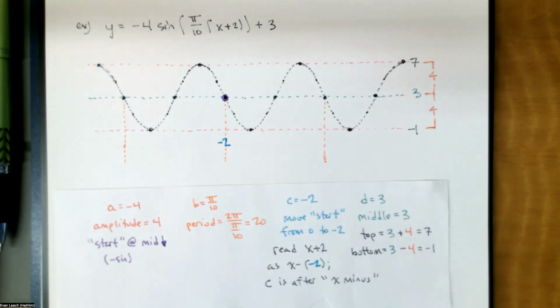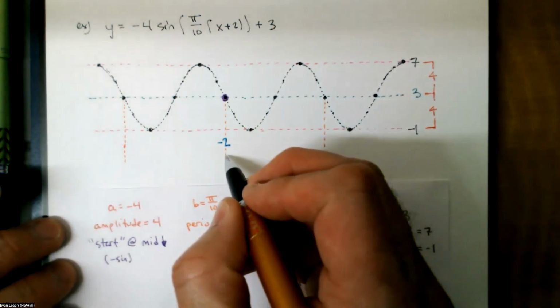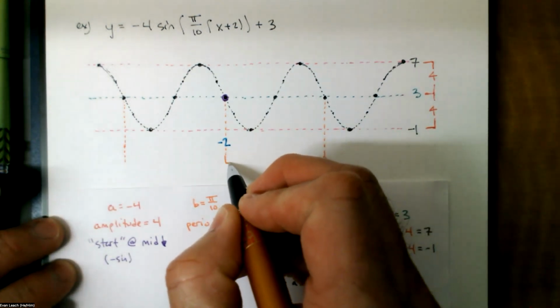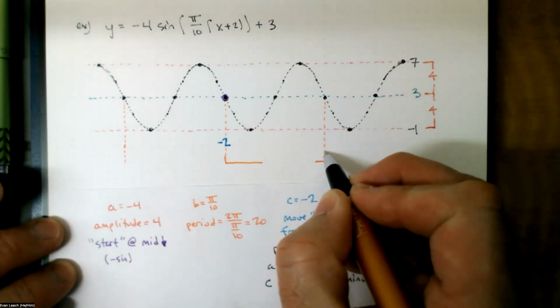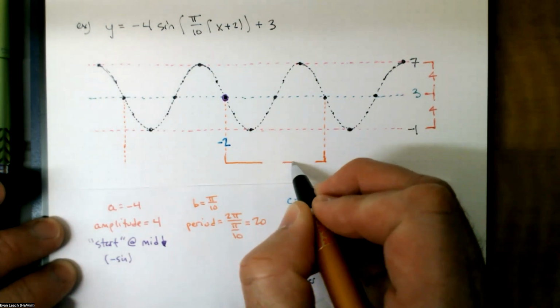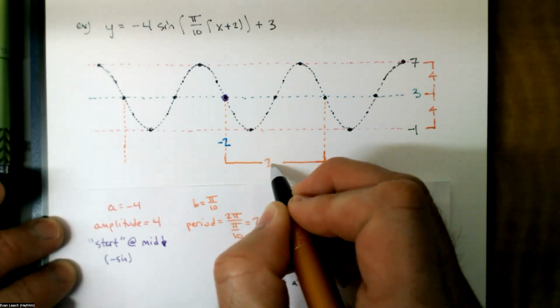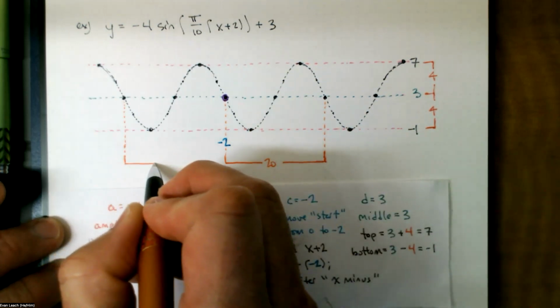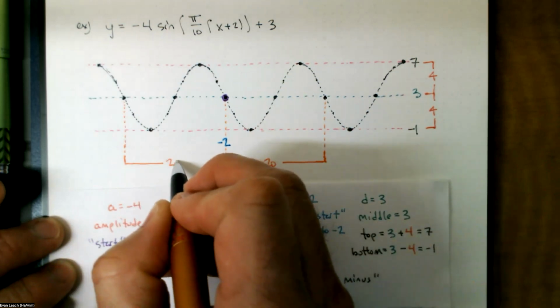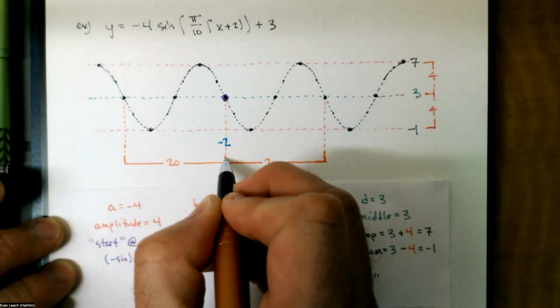The fourth thing to sort out is the period. The period is 20. So that's the distance from this middle going down to the next time we see a middle going down. And if I run this backwards to the previous middle going down, those are going to be 20.